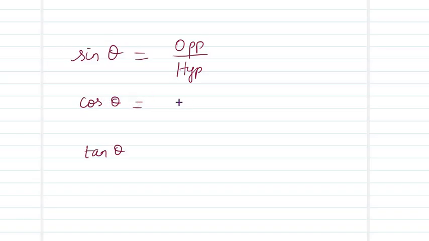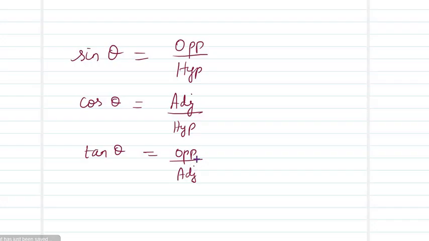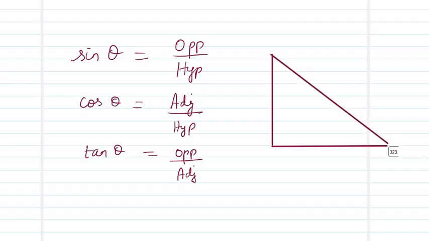Cos theta is given by adjacent side divided by hypotenuse. And tan theta is given by opposite side divided by adjacent side. Now wait, what are these opposite, adjacent and hypotenuse? You might have heard about hypotenuse just a few minutes before. And what are these opposite and adjacent sides?